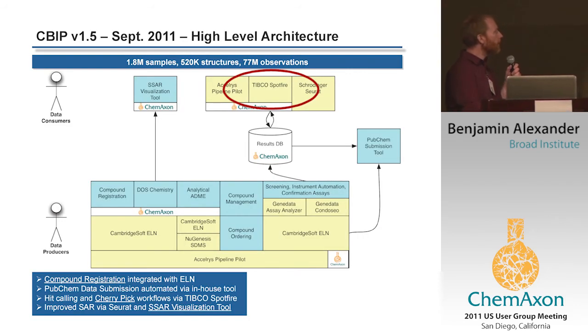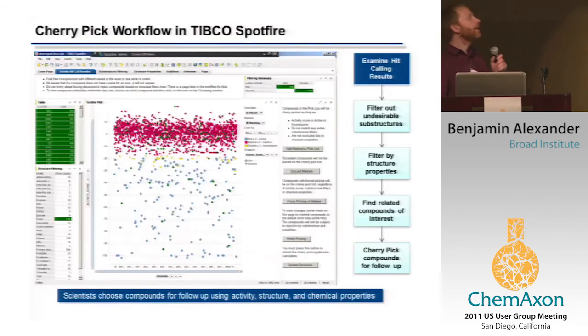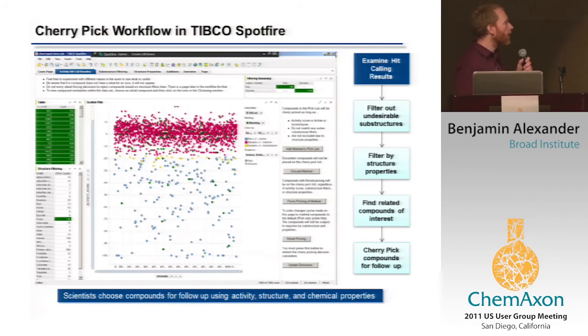Let's talk now about one more of the systems that we've developed, and this is TIBCO Spotfire. So this is Spotfire, but once again, it's ChemAxon in the background. So it's ChemAxon that's doing all the interesting work. So here we have a display where ChemAxon is engaged in hit calling.